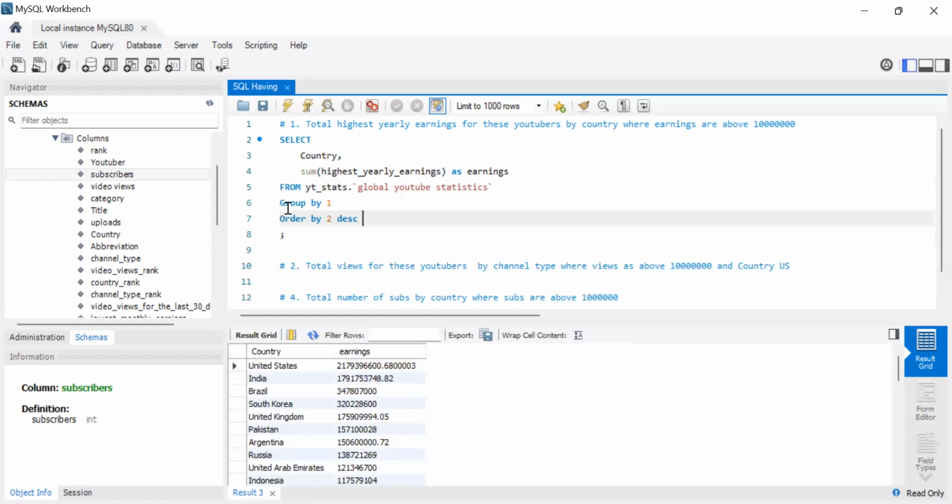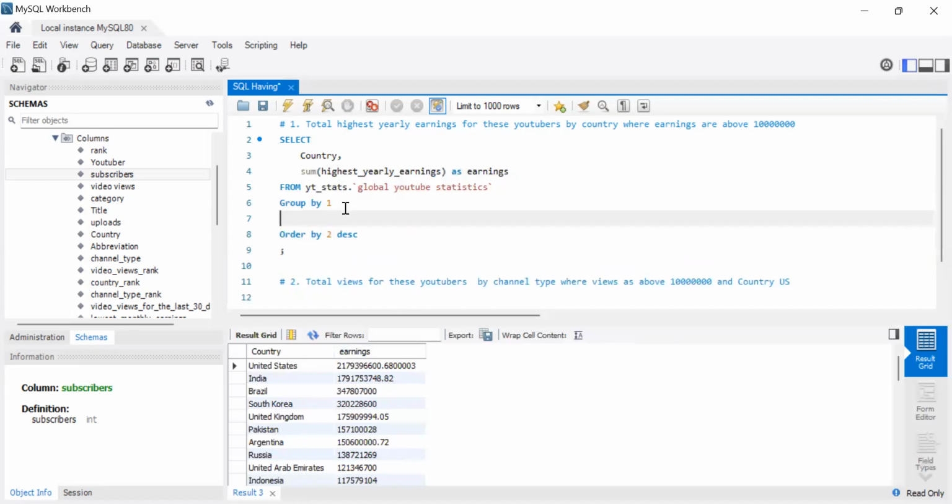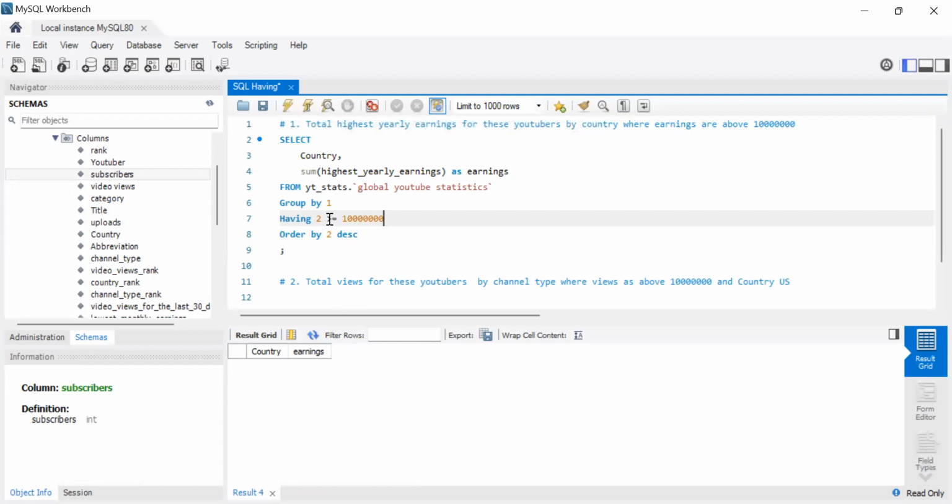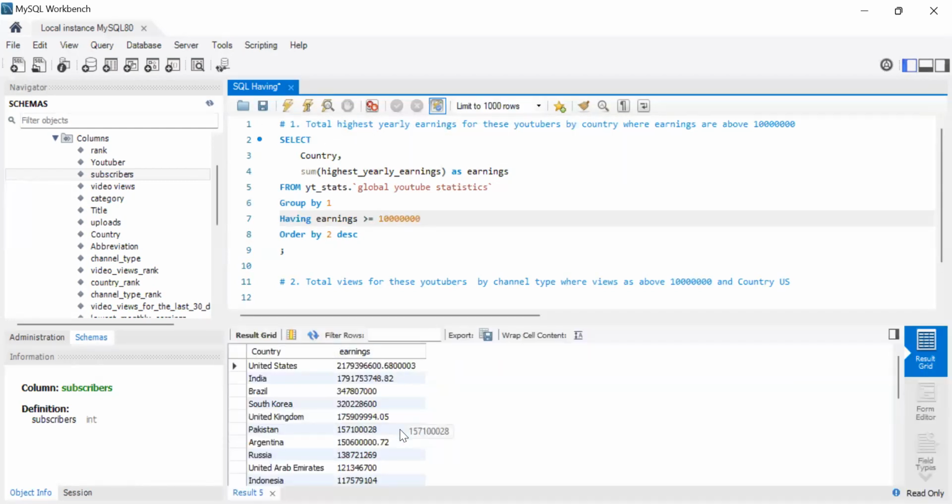We have our list of countries, but now we only want the ones that are above 10 million, so HAVING 2 greater than or equal to 10 million.